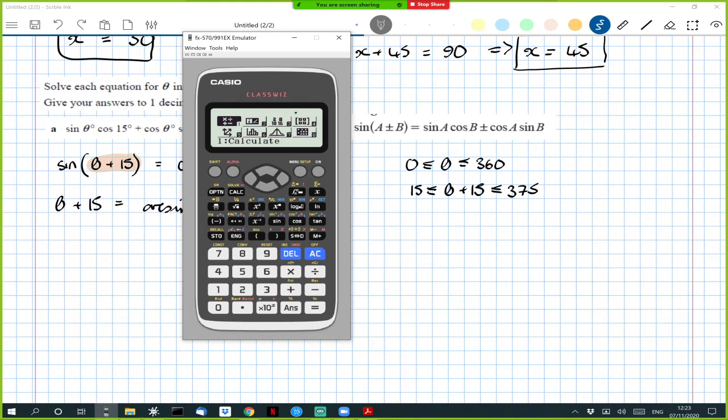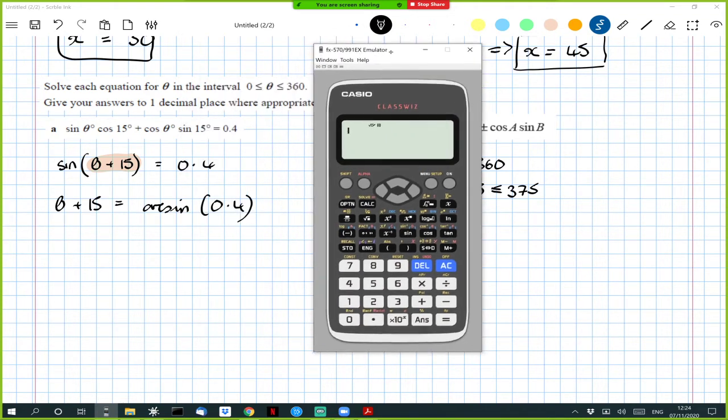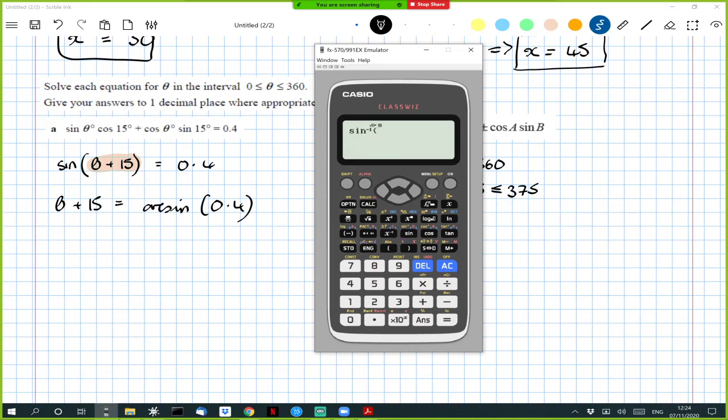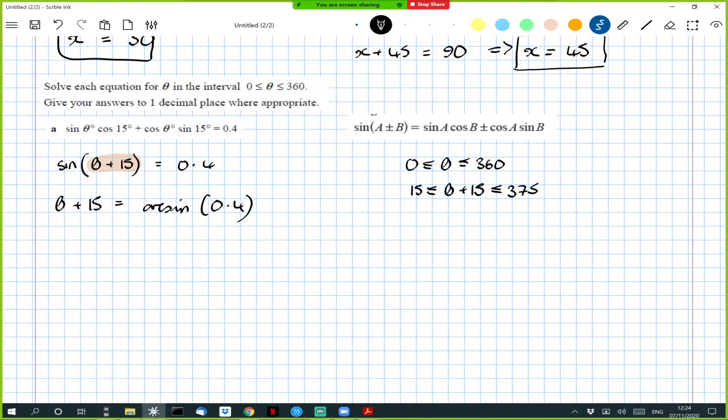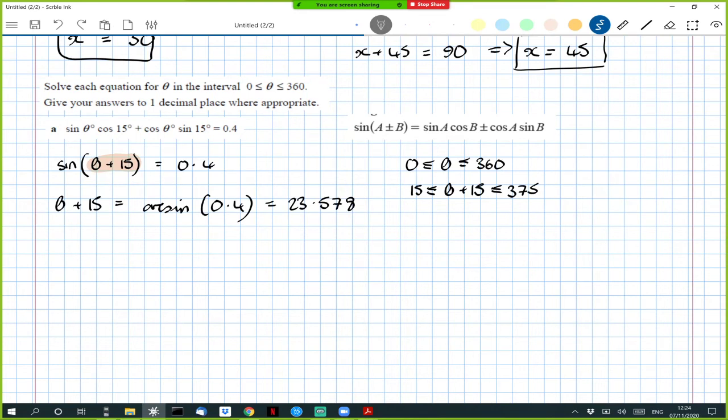So put the calculator in degrees mode, shift, setup, angle unit degree, and arc sine of 0.4 is 23.578. So I want my answer to be correct to at least 3 significant figures, so I'm going a few more than that. I'm going 5 significant figures currently. But there's loads of other answers as well, potentially.